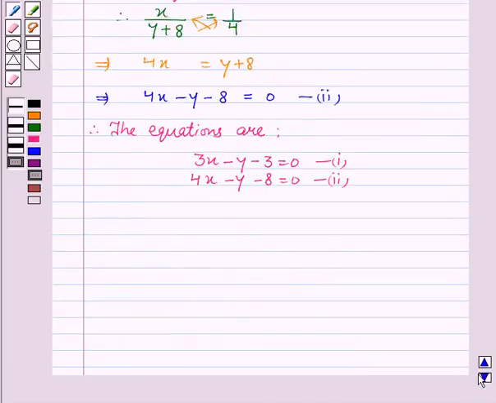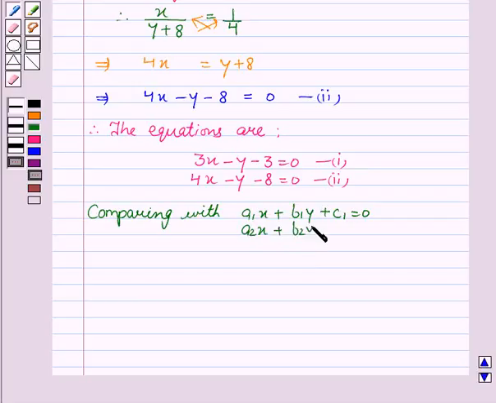Now, we will compare both of these equations with a1x plus b1y plus c1 equal to 0 and a2x plus b2y plus c2 equal to 0. We get a1 equal to 3, a2 equal to 4, b1 equal to minus 1, b2 equal to minus 1, c1 equal to minus 3, c2 equal to minus 8.